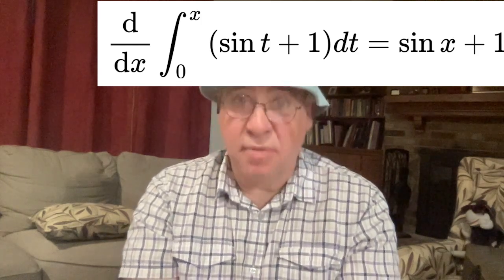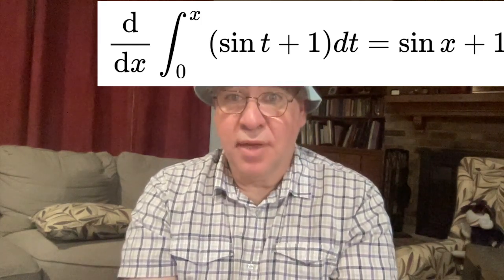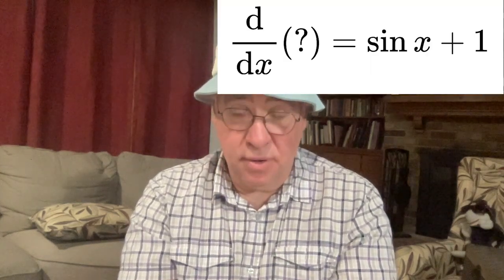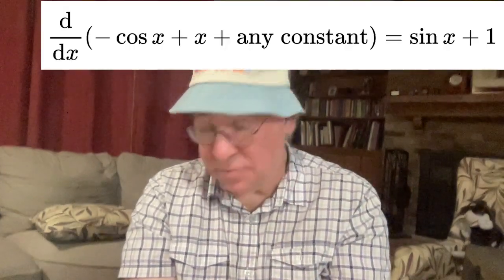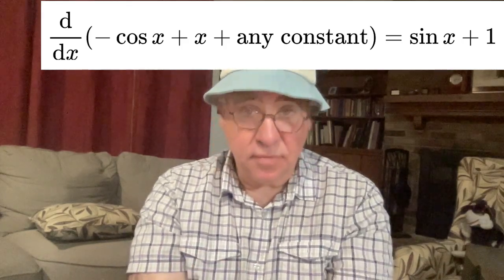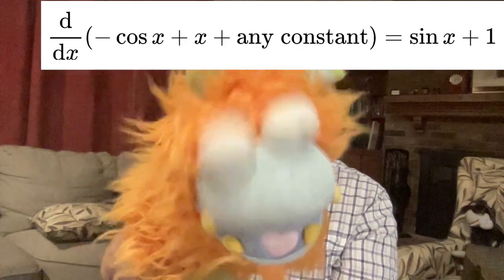That's the fundamental theorem of calculus. So I need to figure out a function whose derivative is sine of x plus 1. Well, the derivative of negative cosine of x is positive sine of x. The derivative of x is 1. So I have negative cosine of x plus some constant, because for any constant I put in there, the derivative is 0. So that'll work.